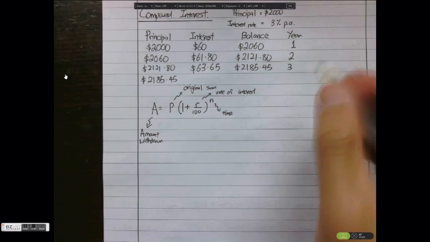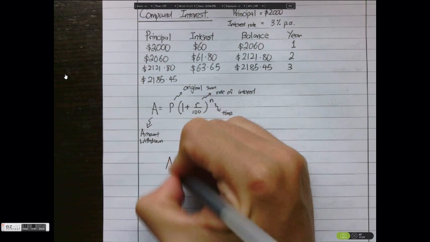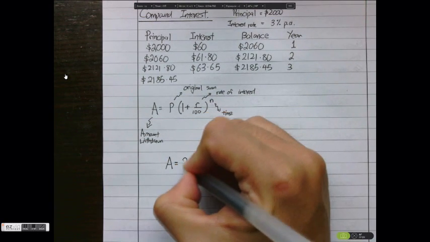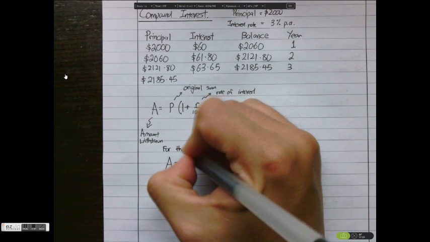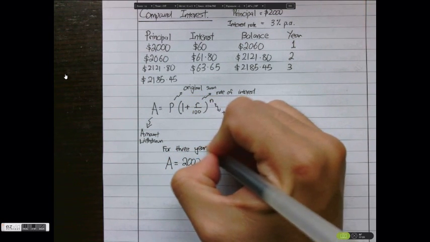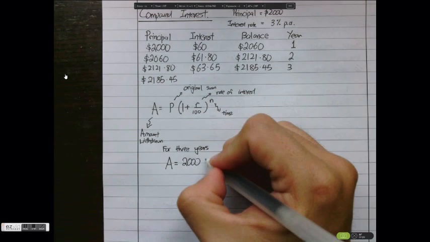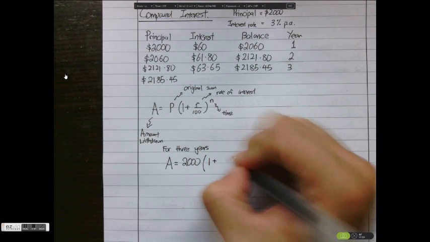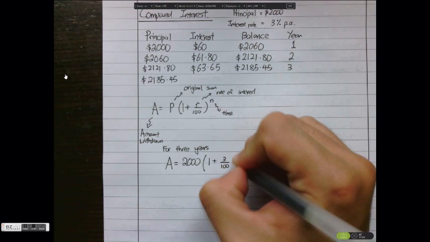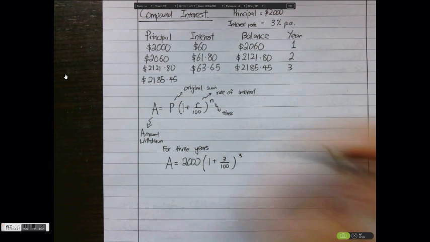Let me give you an example. I want to calculate if I put in $2,000 for 3 years. My principal is 2,000, my interest rate is 3% per annum, and N is 3 years.